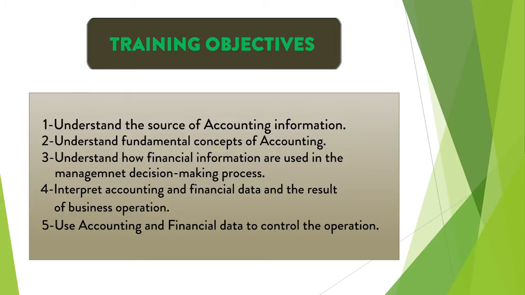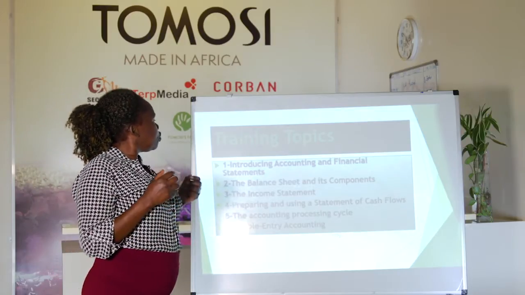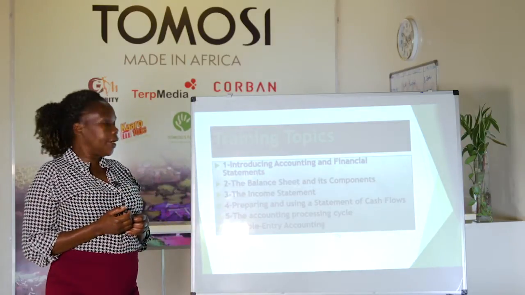And finally, how do we use accounting and financial data to control the operations? Those are the objectives that we intend to achieve at the end of this training. These are the topics that we are going to look into one by one.